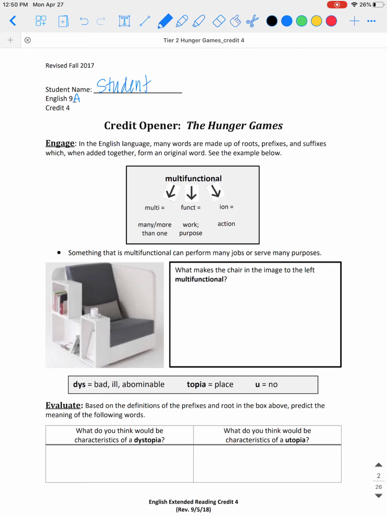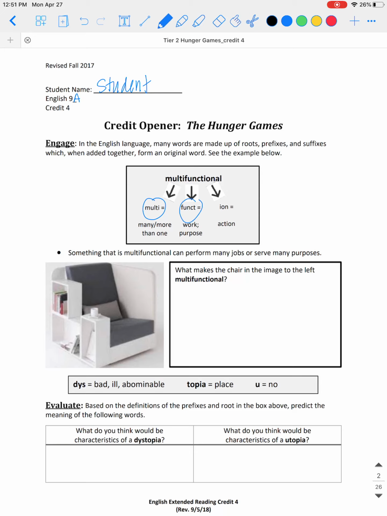So the book that we're going to read is Hunger Games, and the opener has to do with learning different roots of words. So in the English language, many words are made up of roots, prefixes, and suffixes, which when added together form an original word. See the example below. So the word they give you is multifunctional.